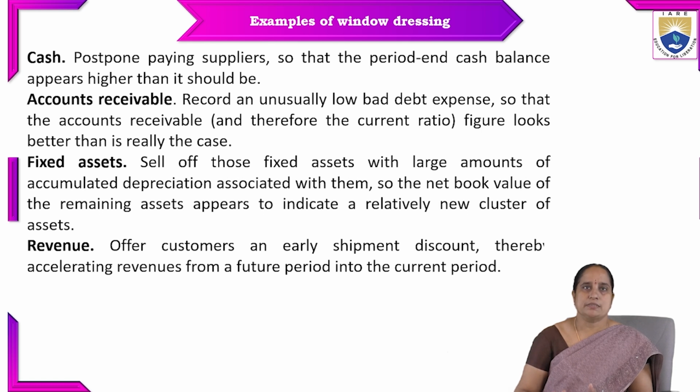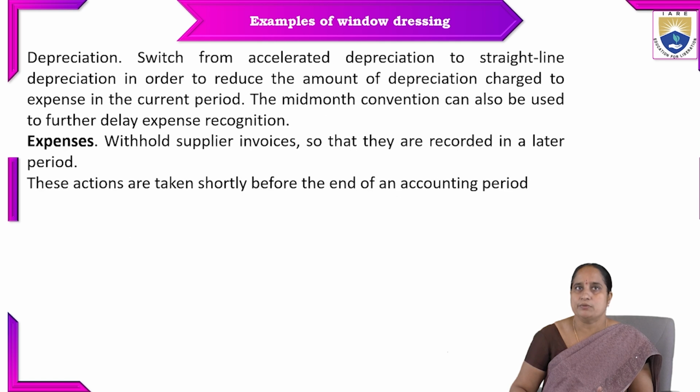In case of fixed assets, sell off those fixed assets with large amounts of accumulated depreciation associated with them, so the net book value of the remaining assets appears to indicate a relatively new cluster of assets. When you take revenue, offer customers an early shipment discount, thereby accelerating revenues from a future period into the current period. So these are some of the examples of window dressing.